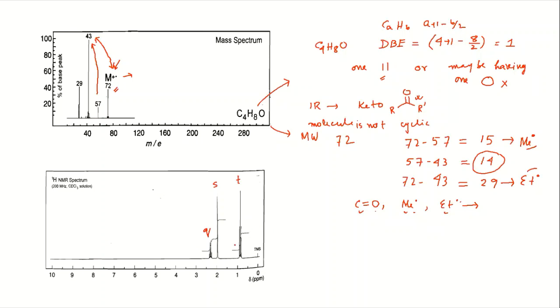And if you look very carefully, the quartet and the singlet are close to 2. The singlet is exactly around 2, and the quartet is around 2.5, I mean 4. The triplet is near about 1 or 0.8.